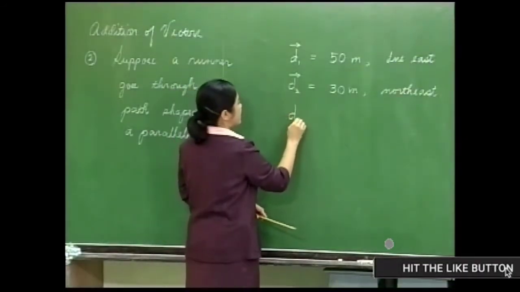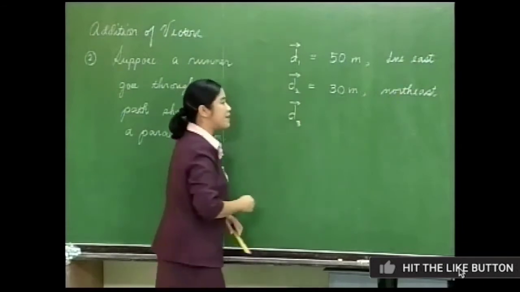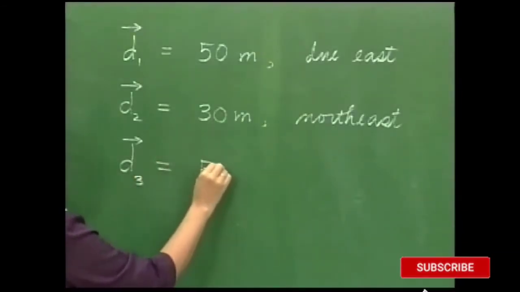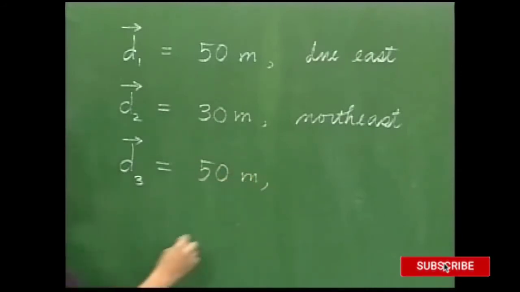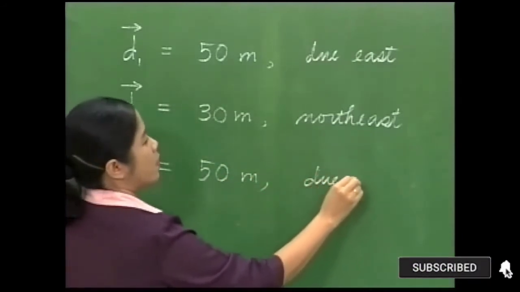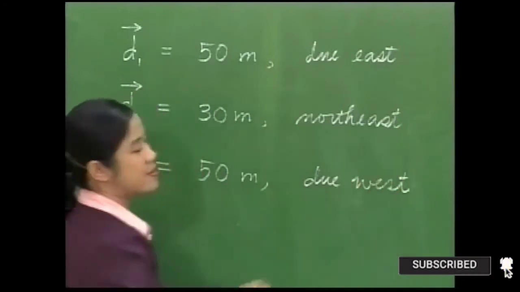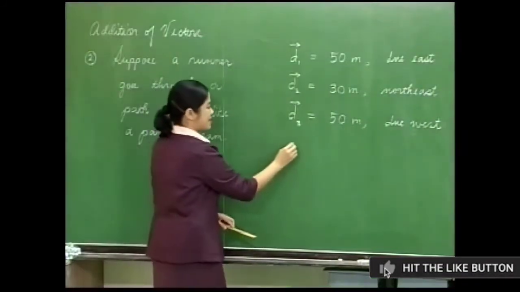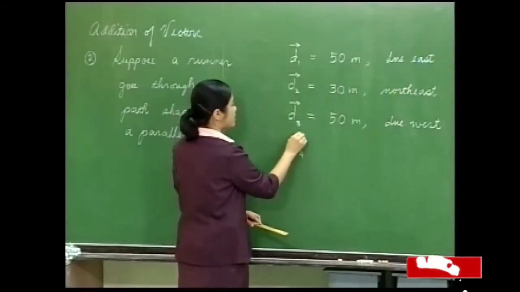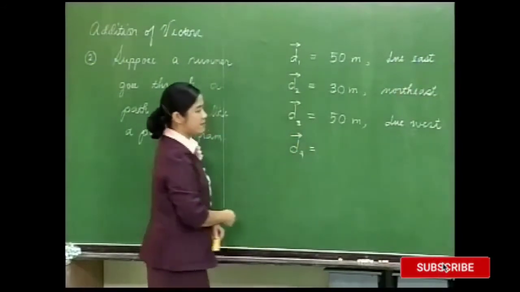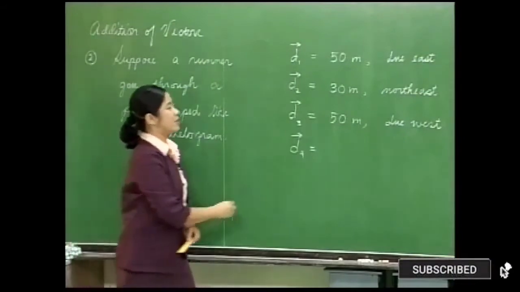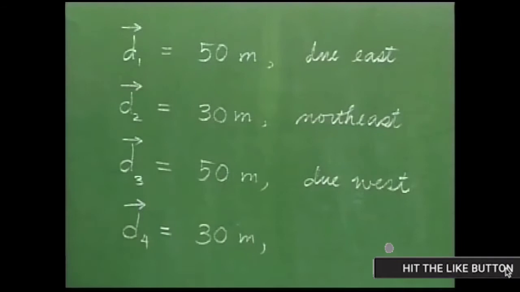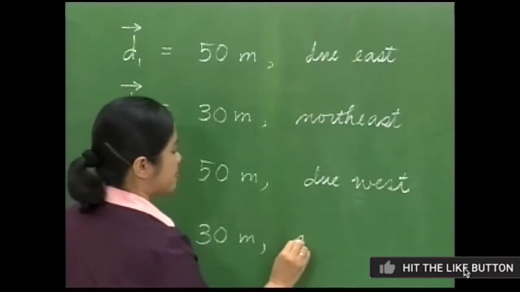Afterwards, he goes through another displacement, 50 meters due west. And finally, the runner goes through another displacement. He goes 30 meters southwest.